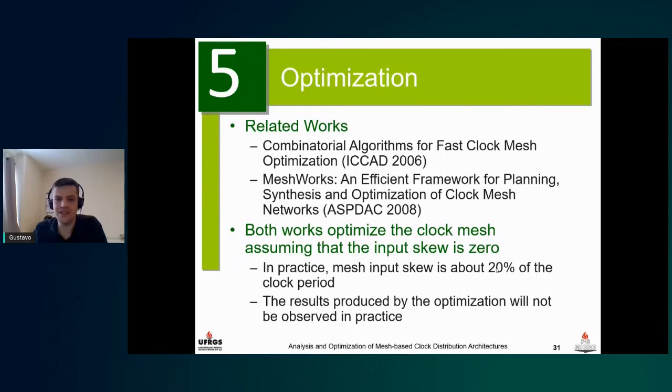There are works in the literature that try to optimize the design of clock meshes by sizing wires, but they usually assume that the clock is arriving at the same time on every clock buffer, and this is not a realistic assumption. Clock skew could be as large as 20% of the clock period, and this would drastically impact the behavior of the clock mesh.